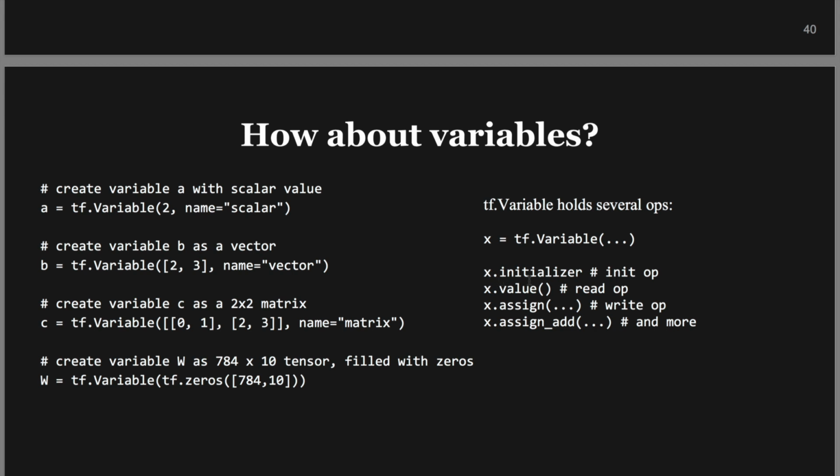So one of them is x.initializer that we'll be using quite often, the read operation value, x.assign, which is a write op, which would assign a value into x, and assign_add, which will add the value in parentheses to what is in x and then assign that to x. Now, one thing to remember is, again, all these are ops. So if you add them in your graph, you'll have to call them from session.run for them to take effect.